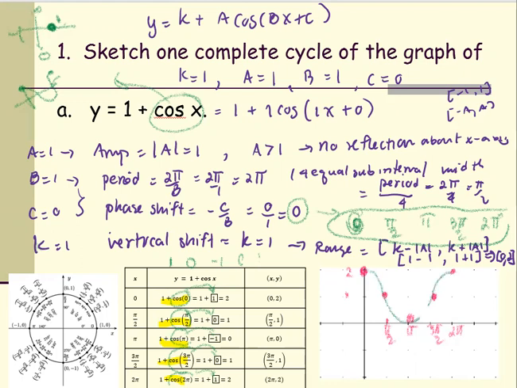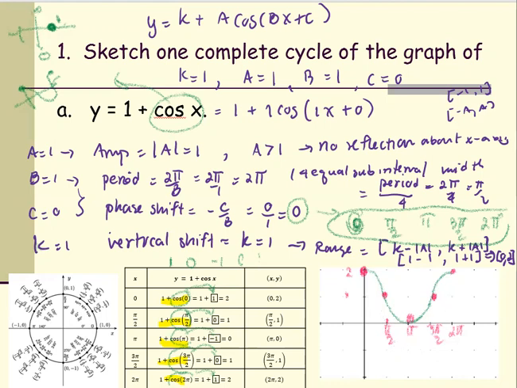It is the graph of the cosine. The shape is the same, but the graph is shifted upward, or shifted vertically, by the value k, or 1 unit. If I sketch the original graph, it would be the graph in the dark curve here.